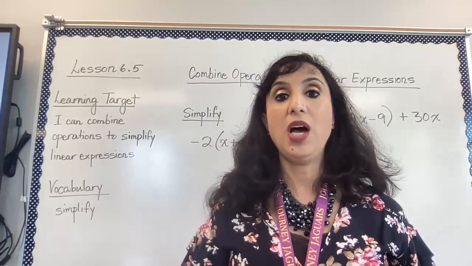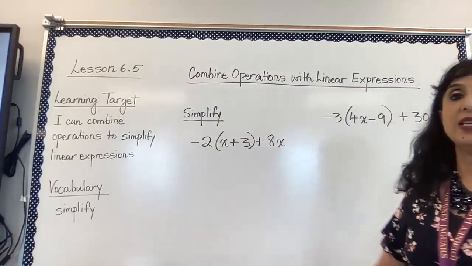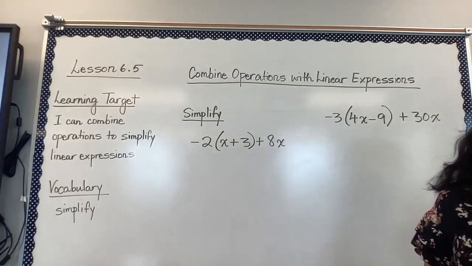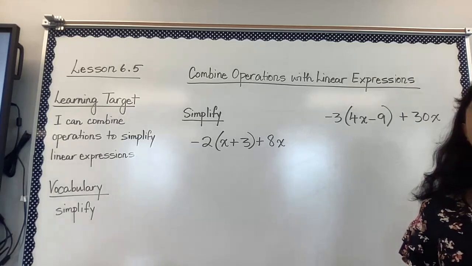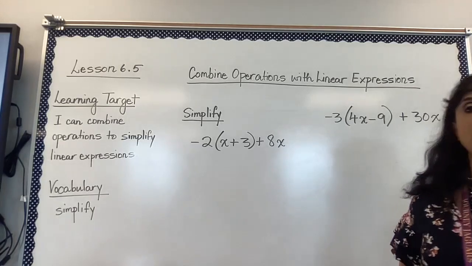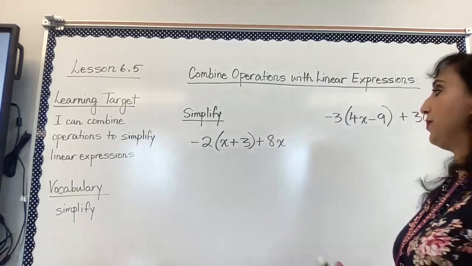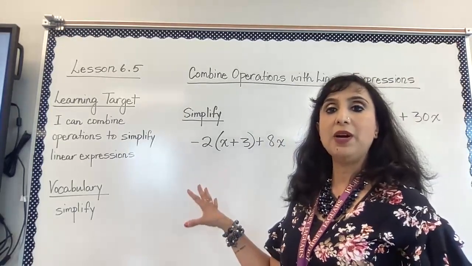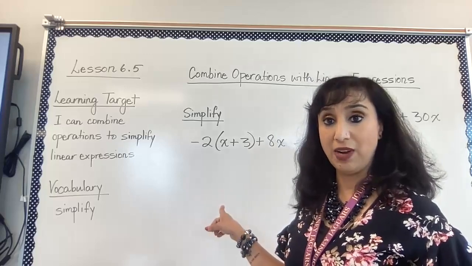Okay, so let's start with this first problem, and it says simplify negative 2x plus 3 plus 8x. First, I'm going to use the distributive property to solve this problem. Distributive property means I am multiplying the number outside the parentheses with each term inside the parentheses.